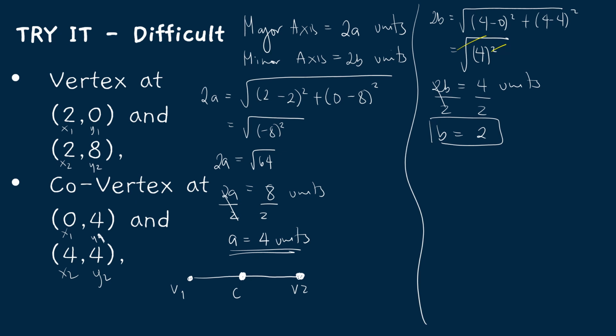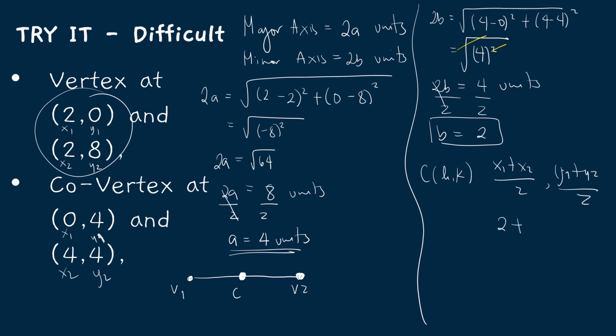Given this information, we can find the center by using the midpoint formula, center (h, k). We will be using (2, 0) and (2, 8): x sub 1 plus x sub 2 divided by 2, and y sub 1 plus y sub 2 divided by 2. That results in 2 plus 2 divided by 2, and 0 plus 8 divided by 2.